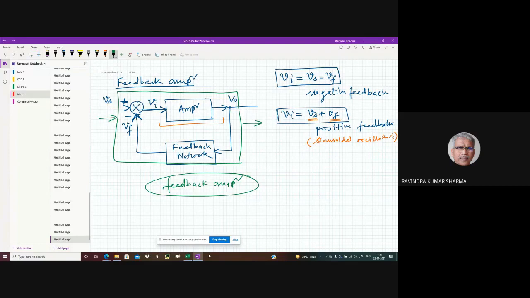The amplifier within this red boundary is the amplifier without feedback. When the output of this amplifier is fed to the feedback network and then mixed with the input signal, it becomes the feedback amplifier. Is it okay?